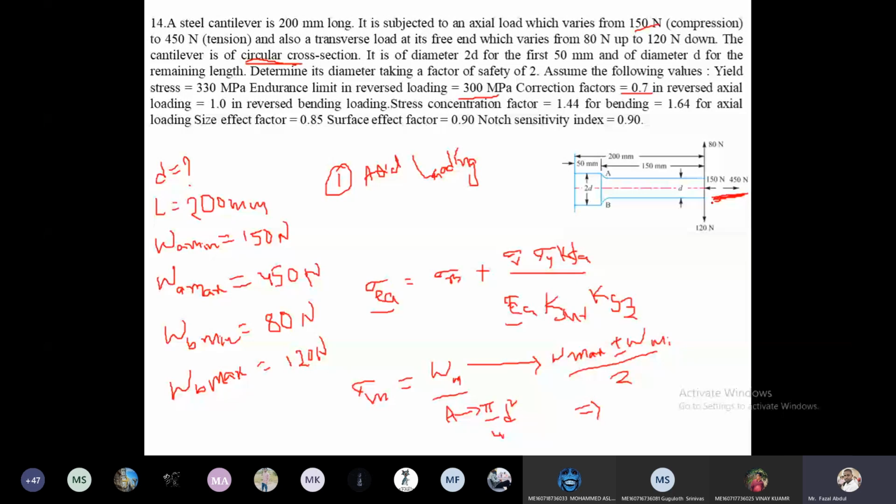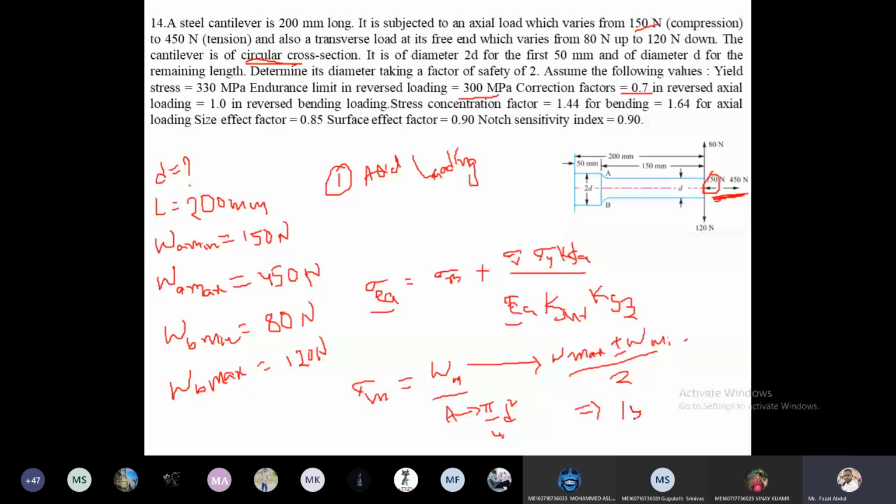Here the arrow represents the negative sign, the opposite direction. Minus 150 plus 450, so how much is this? 450 minus 150 is 300, by 2, 150. Mean load is 150.